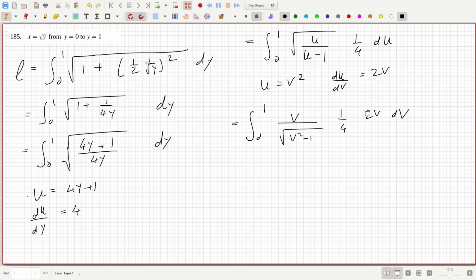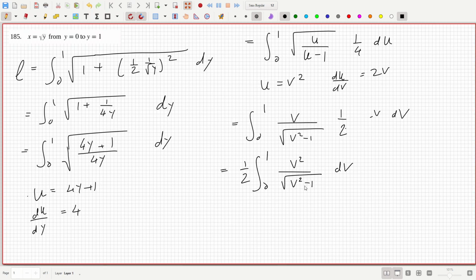So that cancels with that to make it 2. So that's a half, 0 to 1, v squared over root v squared minus 1 dv. Not v, yes, v squared. Is that better or is that worse?